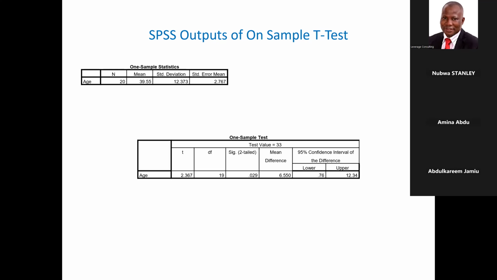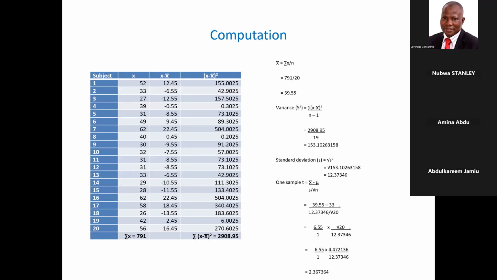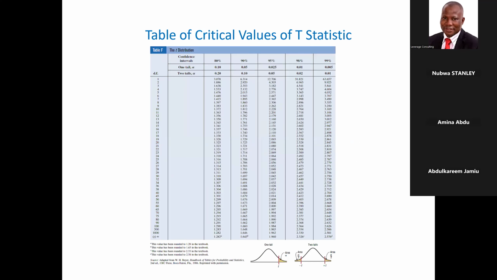If you go back to the statistical table, I show you the T distribution table. Under 95% confidence, two-tailed, look at 2T, 0.05. That is the third column from the last. You look at the degree of freedom of 19. What is the critical value?